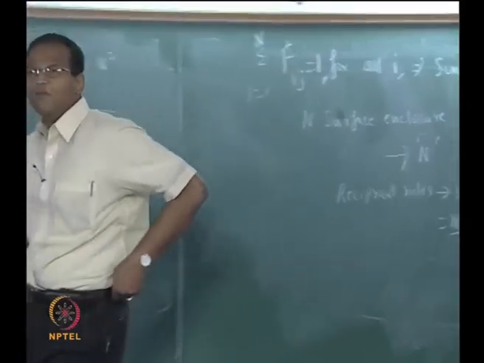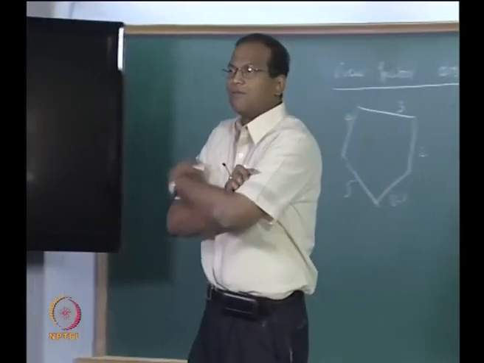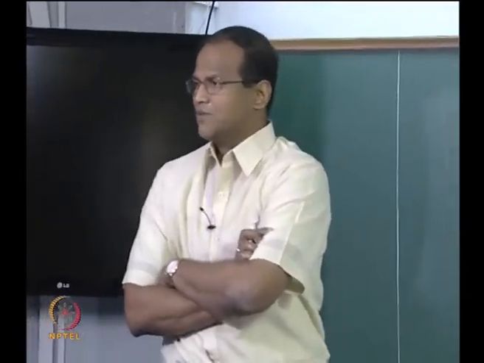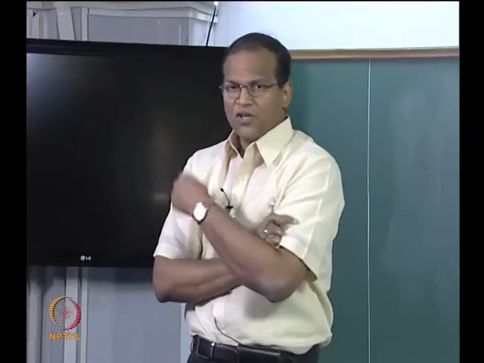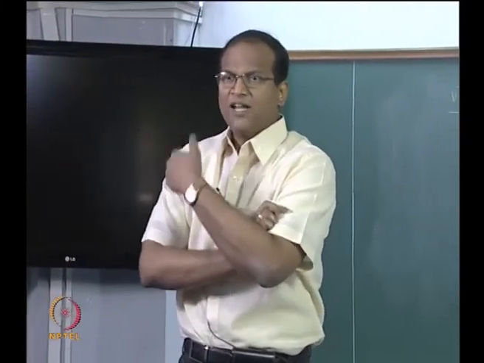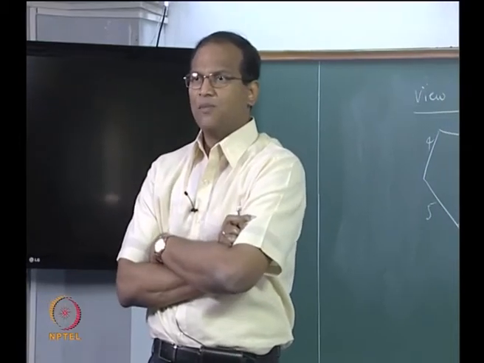So how many independent view factors have to be evaluated? N square minus n into n minus 1 by 2, correct, because you can exploit the summation rule as well as the reciprocal rules.